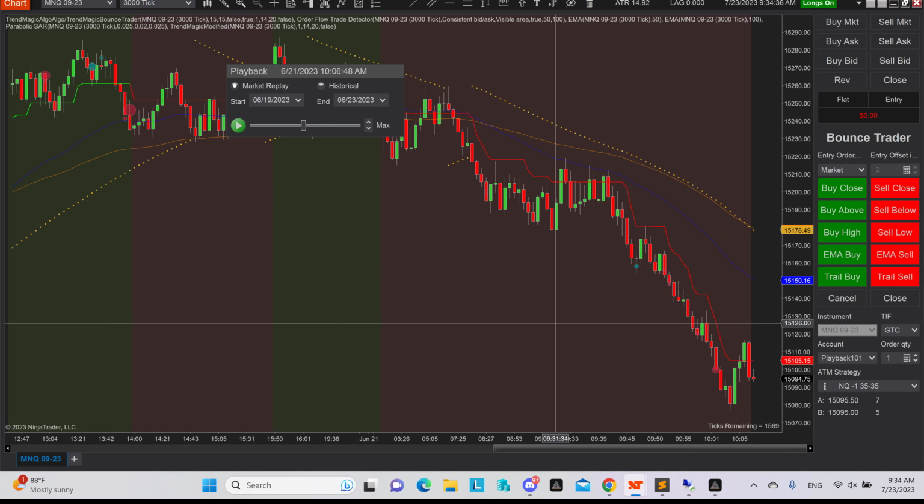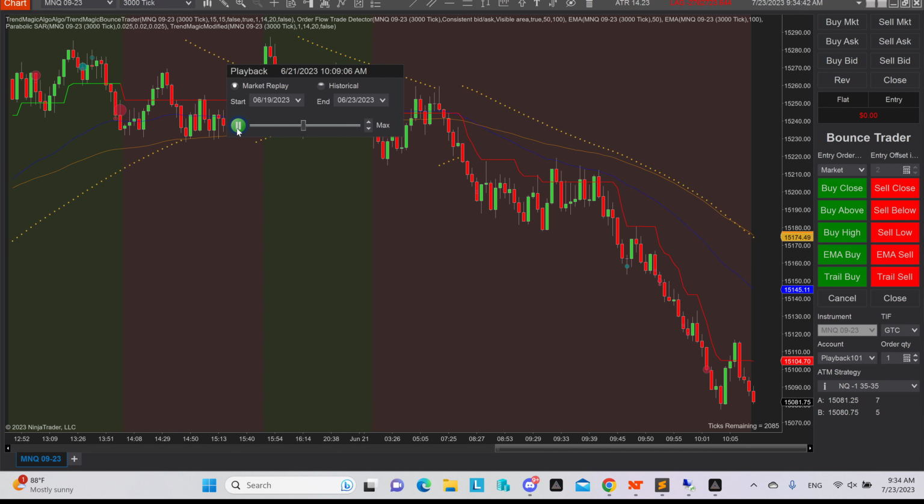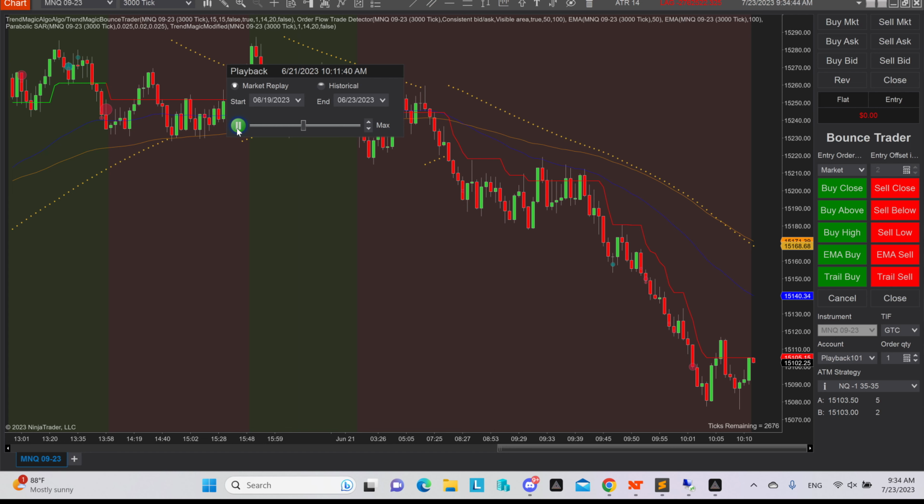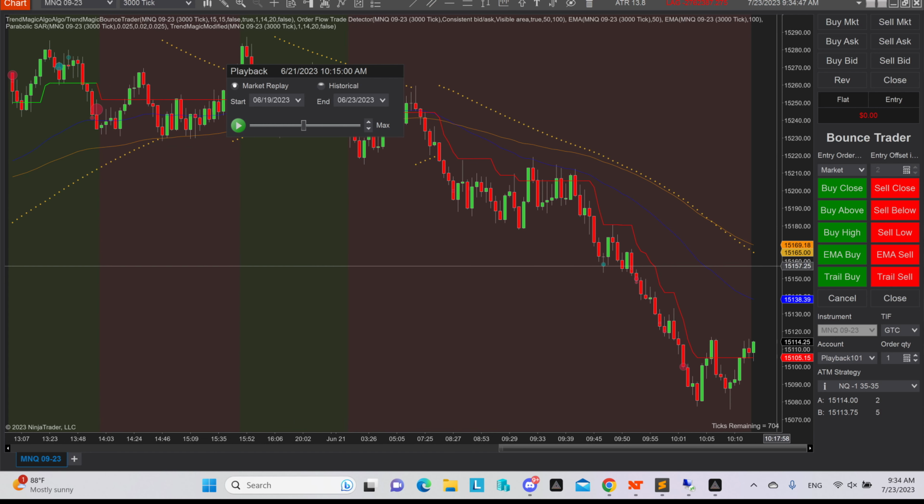So let me briefly show that to you in real life. Here's our custom SAR, and we've also defined that for shorts, the faster EMA, which is this blue line, must be below the slow EMA, and this trend magic line has to turn from green to red for shorts.